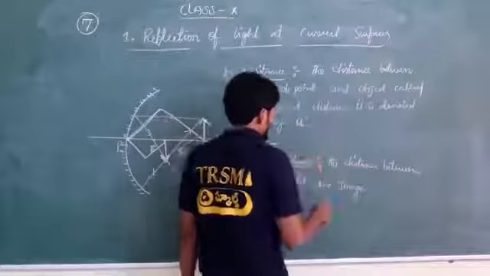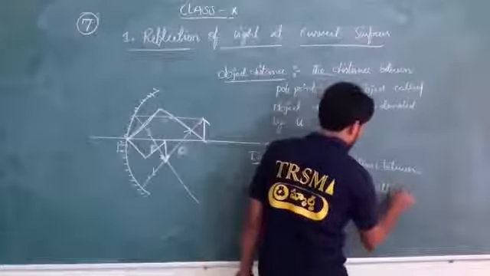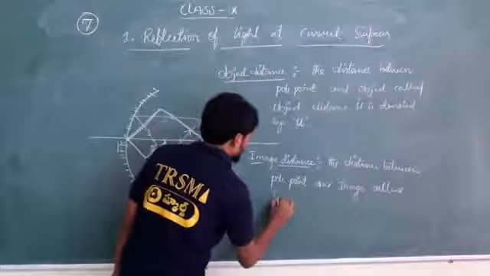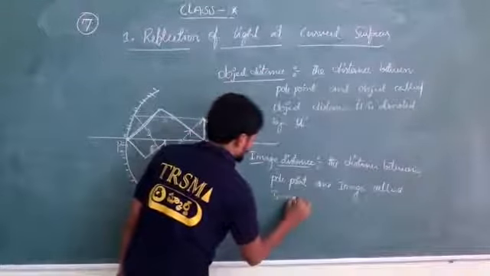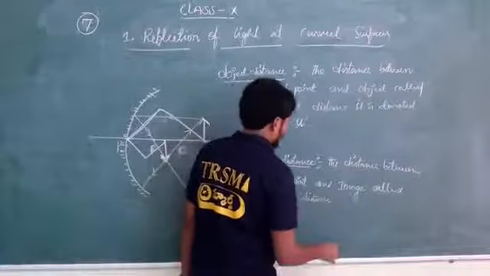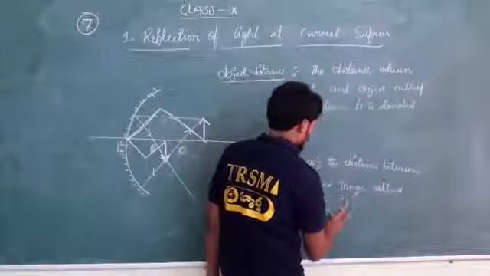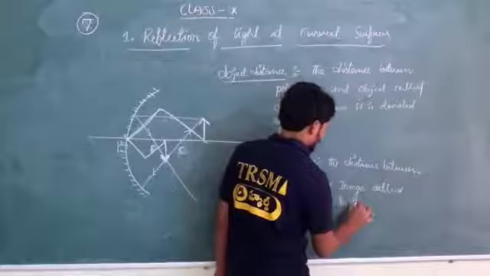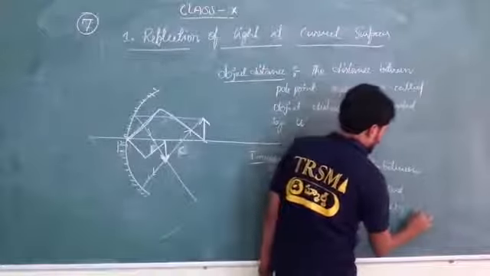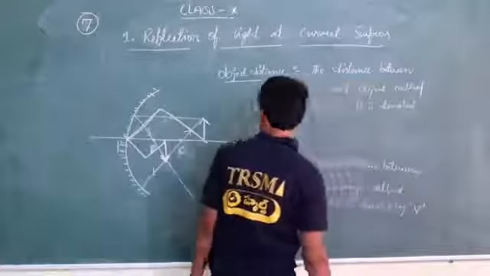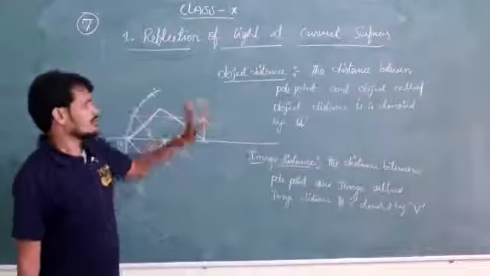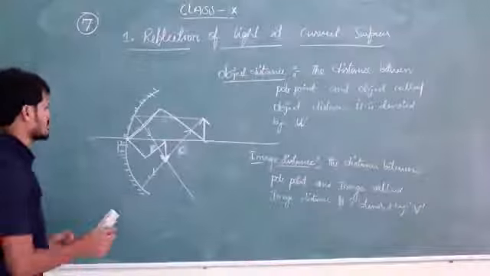The distance between pole point and image is called image distance. And it is denoted by small v. It is denoted by small v. So note this. So what is object distance and what is image distance?